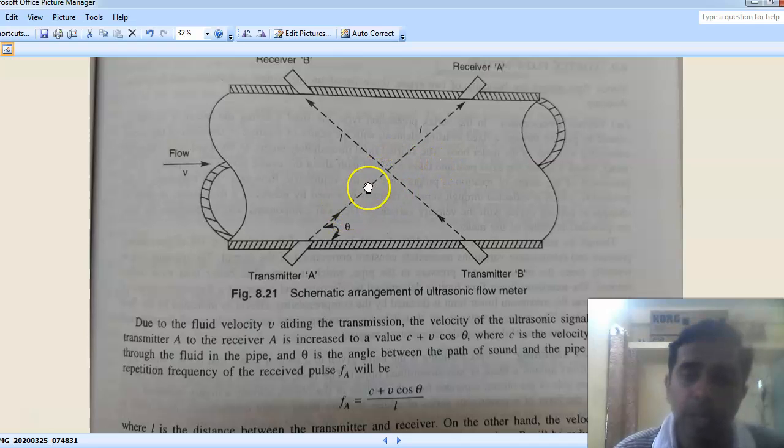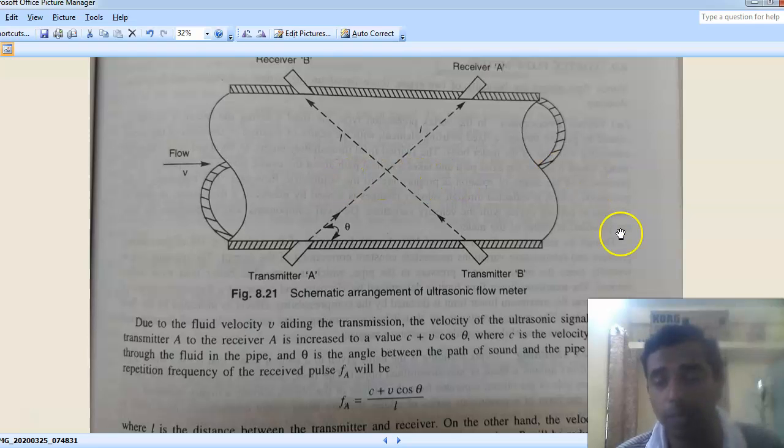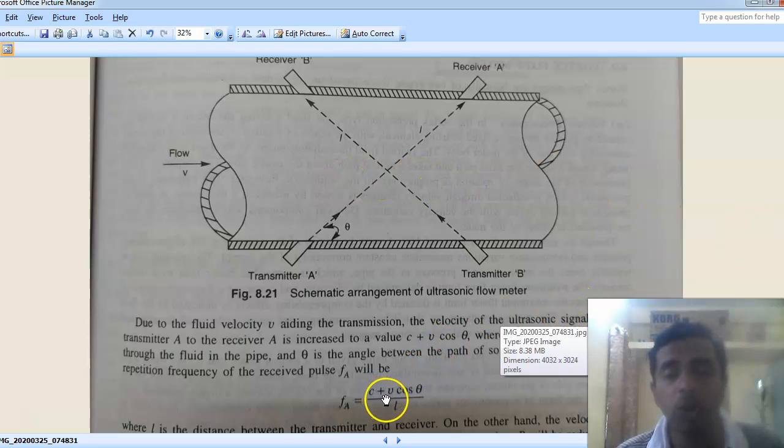For the waveforms emitted from transmitter A, it is just like moving downstream. That is, the velocity increases by a component V cos theta.